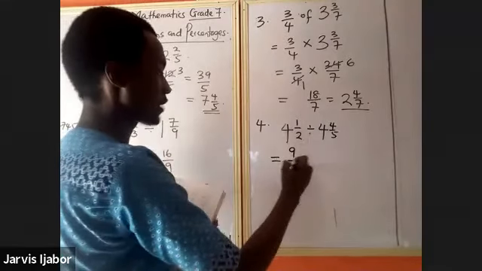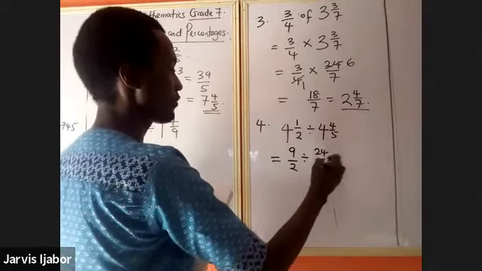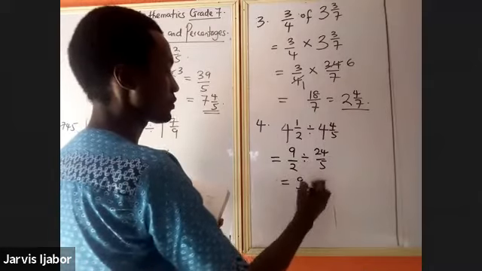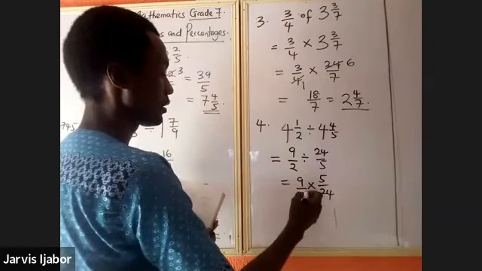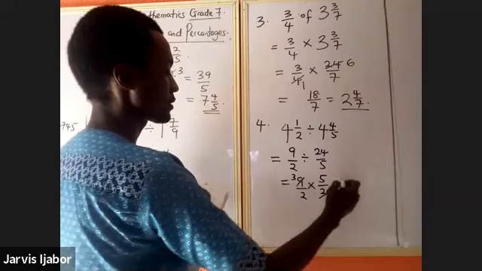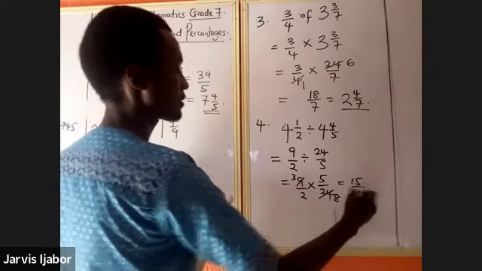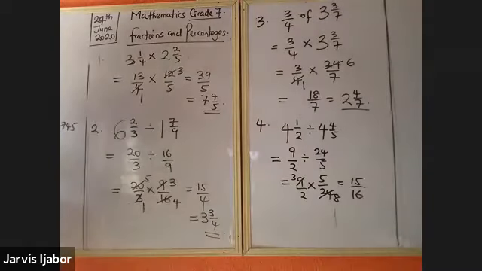All right, so this is the description of it. This is 9/2 divided by 24/5. That'll be 9 over 2 times 5 over 24. That'll give 15 over 16. That's 15 over 16.